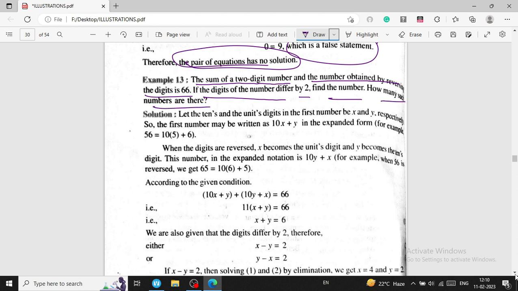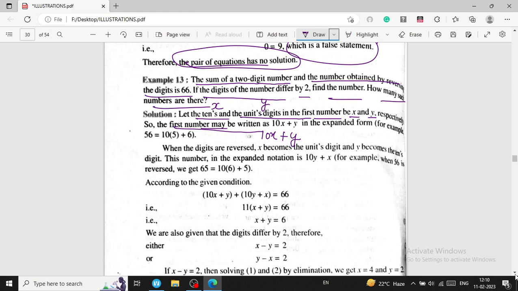In this question, first of all, you have to assume the tens and units digit in the first number as x and y, meaning tens digit x, unit digit y. The first number will be made from this addition: 10 tens means 10x plus y. This is your first number in the expanded form.